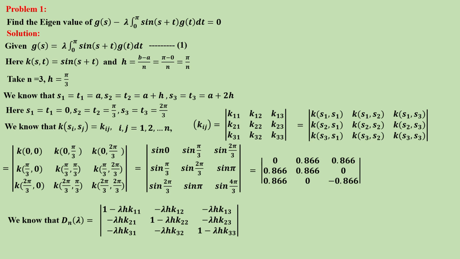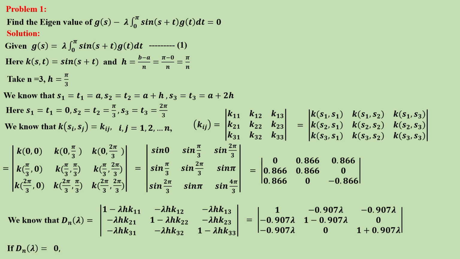Substituting those values, we get rows 1 minus 0.907 lambda, minus 0.907 lambda, minus 0.907 lambda; minus 0.907 lambda, 1 minus 0.907 lambda, 0; minus 0.907 lambda, 0, 1 plus 0.907 lambda.